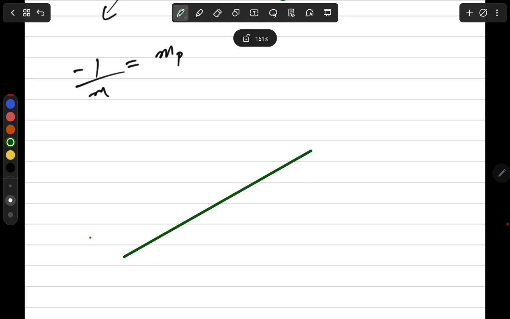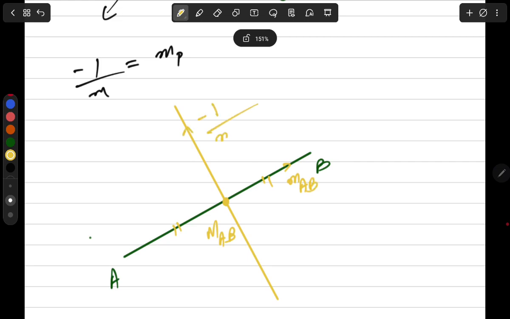What we are saying is that there is another line passing through the middle such that it's bisecting A and B into two equal halves. Therefore it is passing through the midpoint of A and B, and if the gradient of AB is m, the gradient of this line is going to be negative 1 upon m of AB.